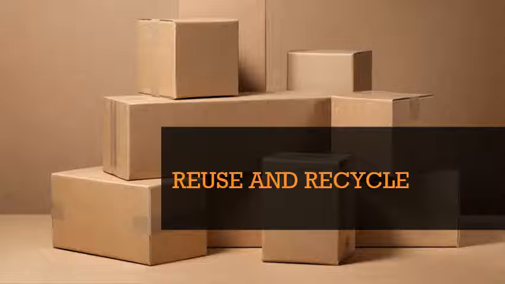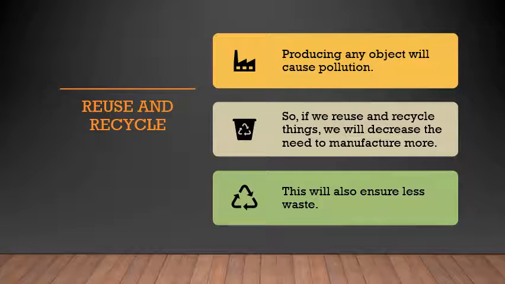Next is reuse and recycle. Producing any object will cause pollution. So if we reuse and recycle things, we will decrease the need to manufacture more. This will also ensure less waste. So we should try to reuse and recycle things that we can use. If you produce any kind of objects, they will cause a lot of pollution.